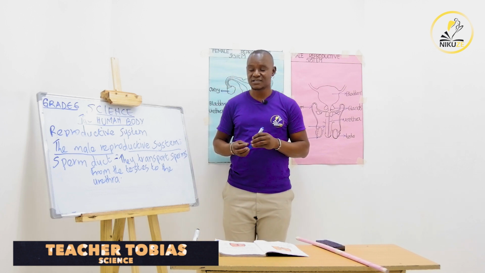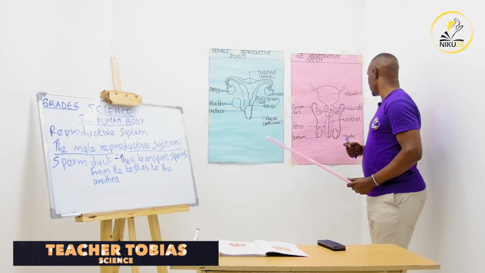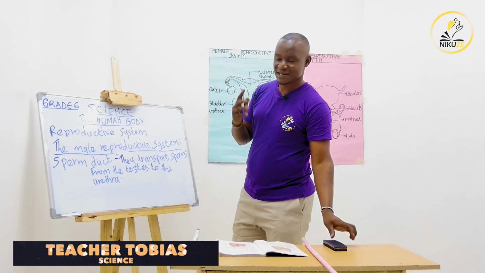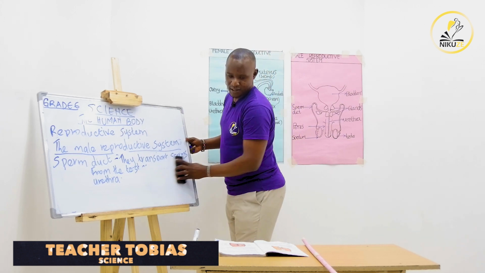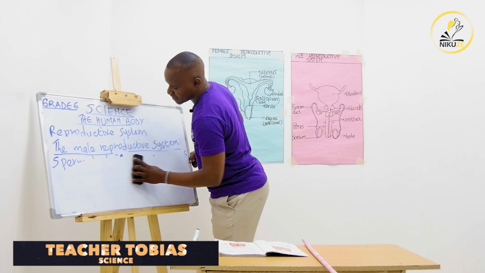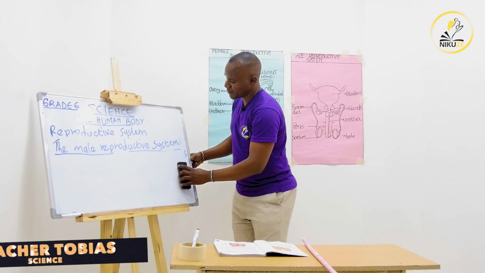Now our third part that we are going to have a look at is the glands. What is the role of these glands, or what are glands? The glands produce fluids through which the sperms are able to swim. So they facilitate the movement of sperms.